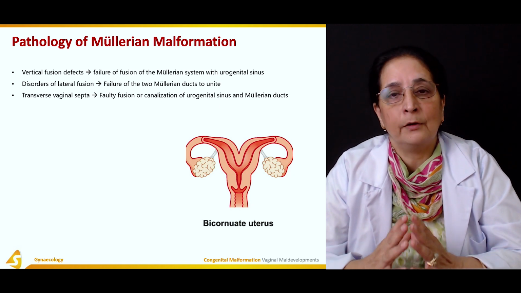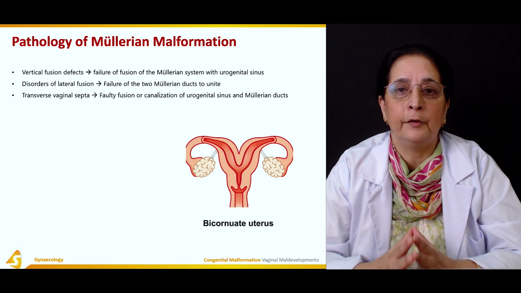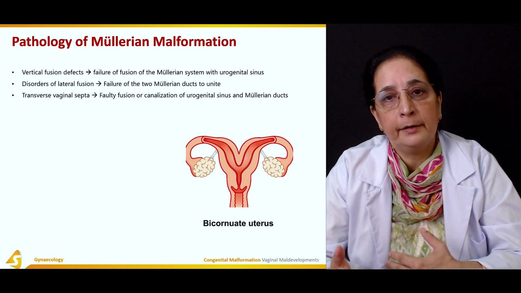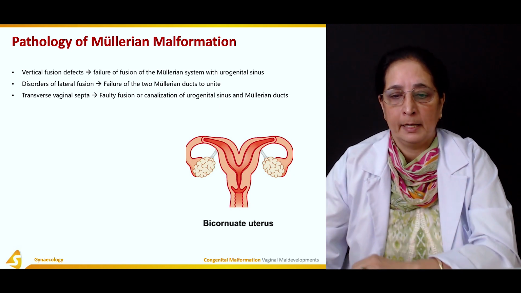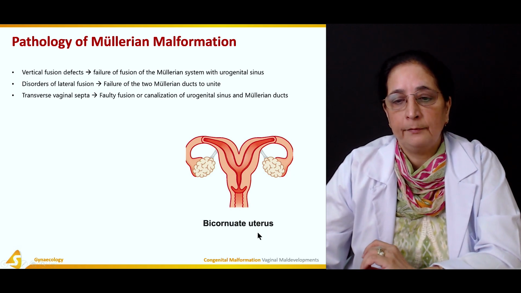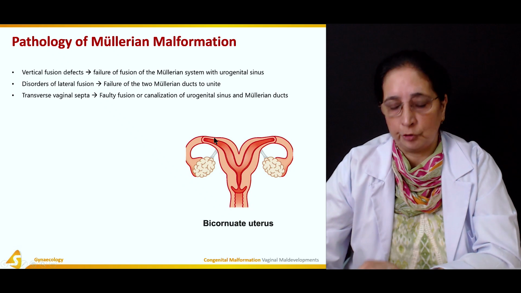So failure of canalization or failure of fusion of the Mullerian duct can lead to different malformations and maldevelopment. This is like a bicornuate uterus. If you see, the uterus has two cornua, so this is a bicornuate uterus.